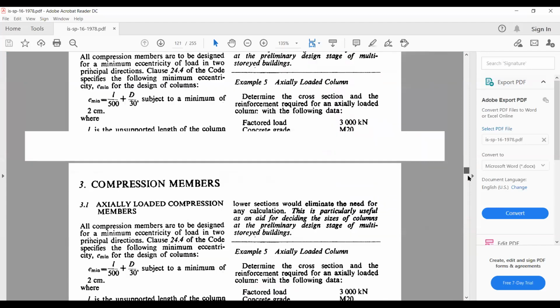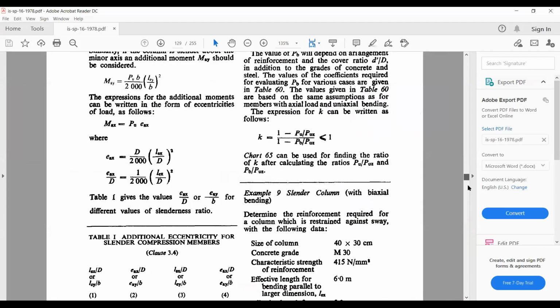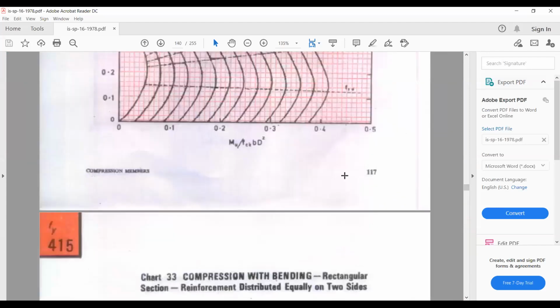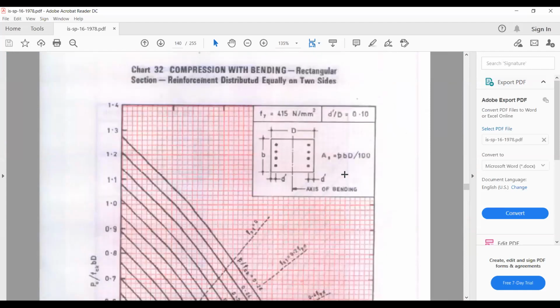Okay. So here first you have to check for fy is 415, right? Yes, sir. And here you have to check for compression member with bending. Okay, and here you have to check for d dash by d. Here it is not 0.10, right?